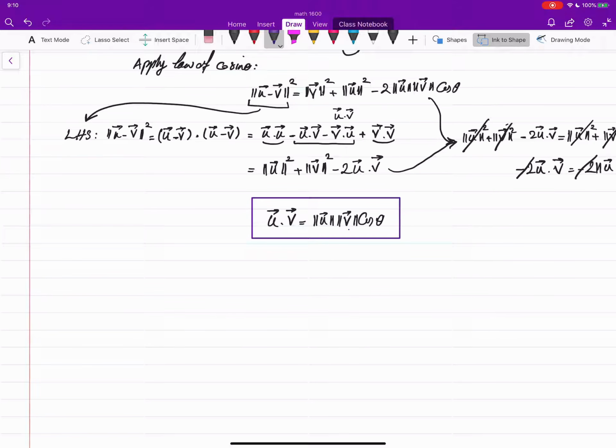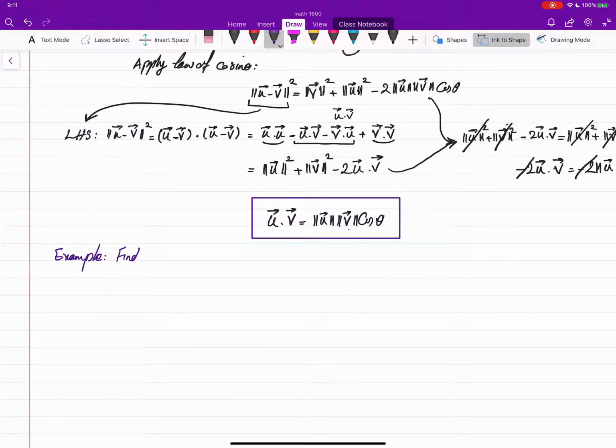So that right-hand side gives you u dot v in a very different way than the definition of u dot v gives you. Okay, so let's do an example and see how this works.